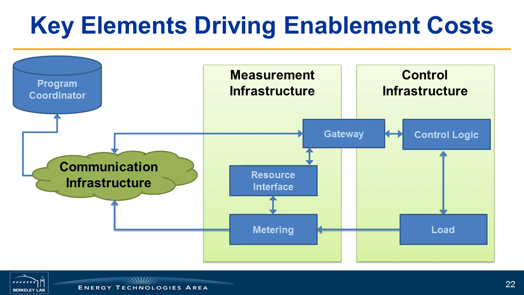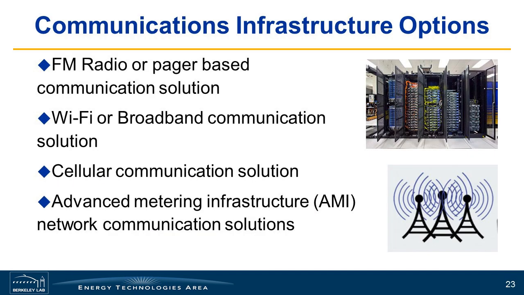There's the measurement infrastructure, such as the metering and that gateway that bridges the gap. And then there's the control infrastructure, which is the control logic within the enabling technology that's actually manipulating the load. So to dig deeper into this, we'll start off with the communication infrastructure options.